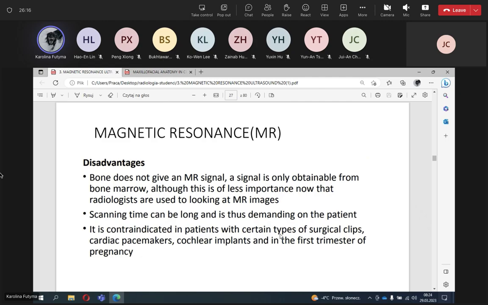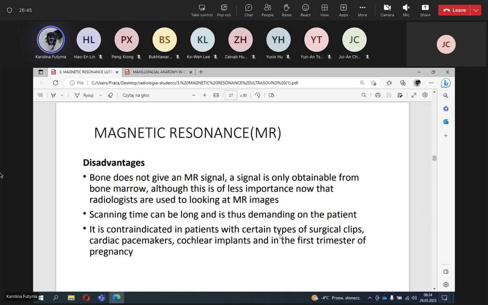Of course, our teeth will not be visible, as I told you before, but the inside part of our teeth will be a little bit more visible than the hard tissue structures, so the cementum and dentin and enamel.